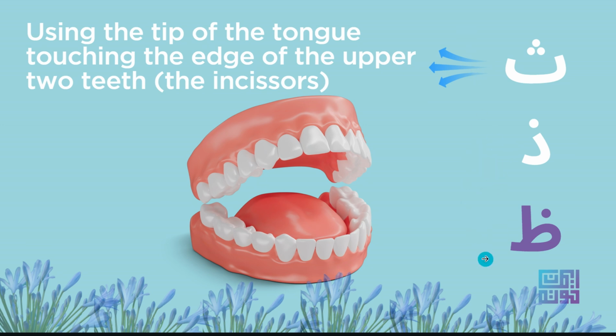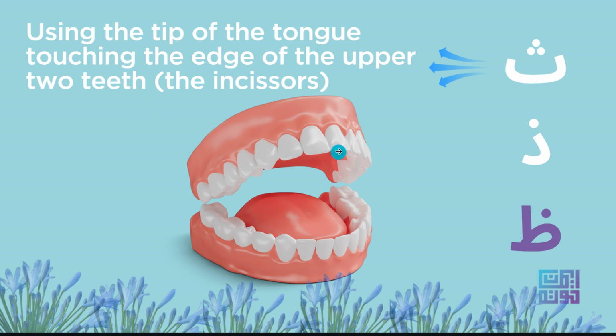Those three letters are pronounced in the same way, but the difference is that in the letter dha, the whole tongue rises to touch, as we mentioned before, the back of the upper teeth all around. But we use the tip of the tongue touching the edge of the upper two teeth, the incisors.